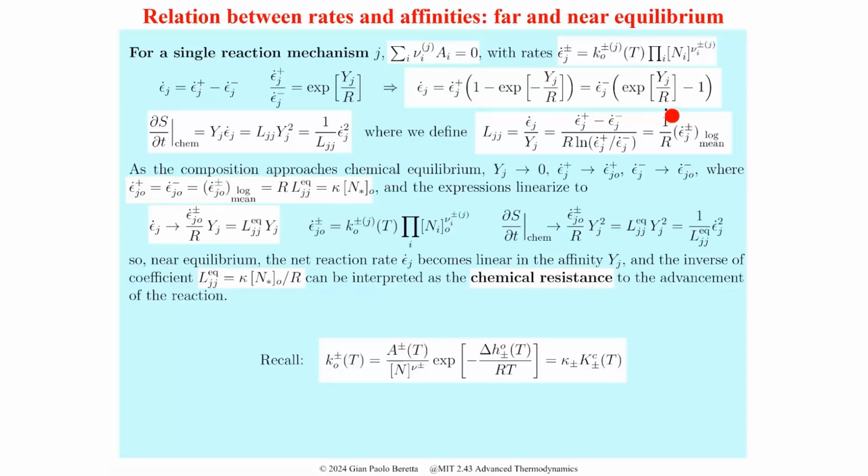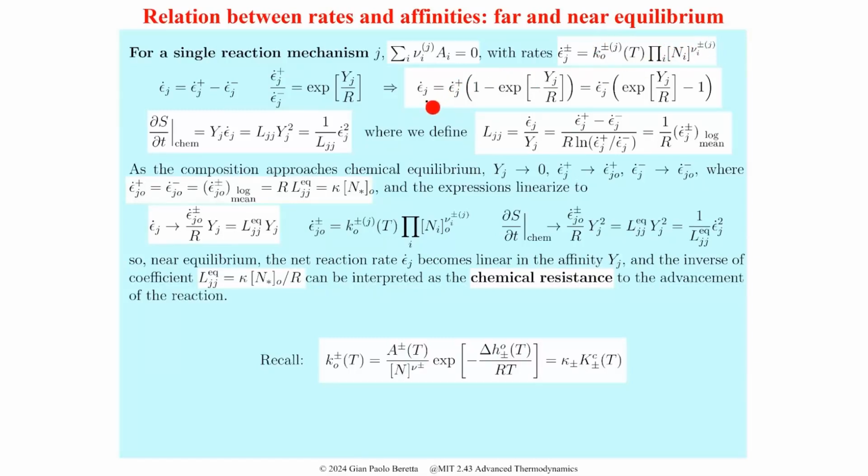Clearly, this shows that the reaction rates are functions of the affinities. Each reaction rate is a function of its own affinity through this exponential, but it is also a function of a bunch of other stuff which is included in here and in these concentrations.